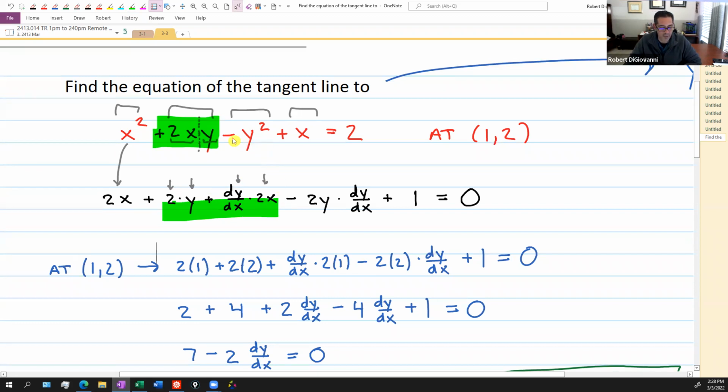Then I continued: minus the derivative of y squared. I'm differentiating with respect to x, so I do 2y first, and then the derivative of y with respect to x. Then plus the derivative of x with respect to x, which is just 1. And on the right side, the derivative of the constant is 0.